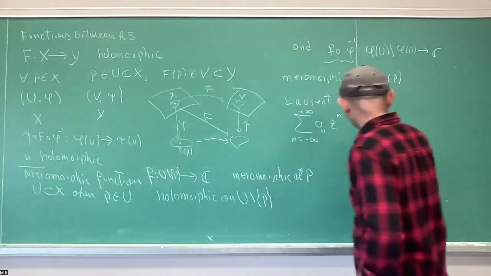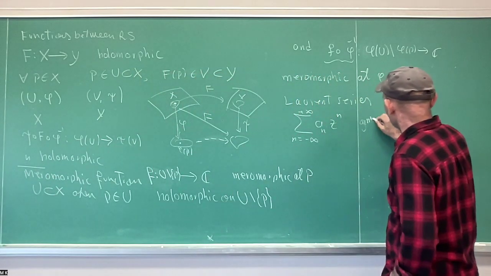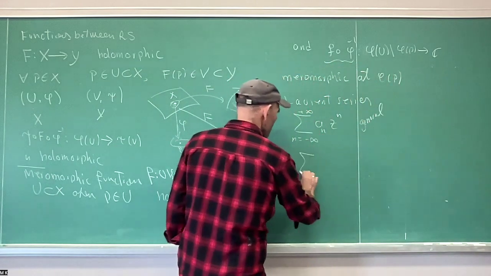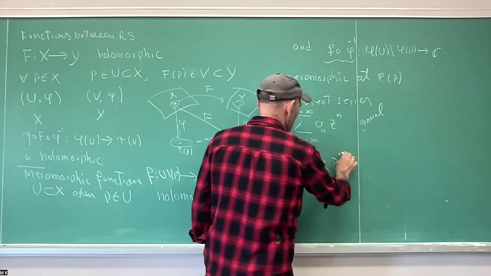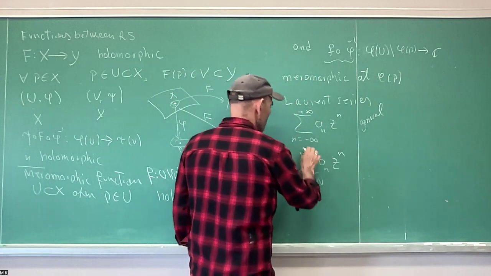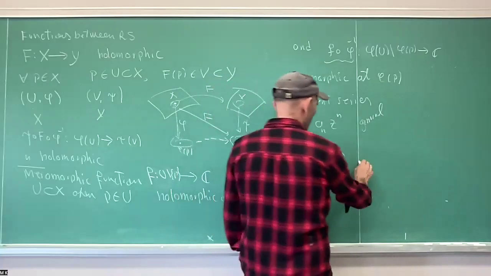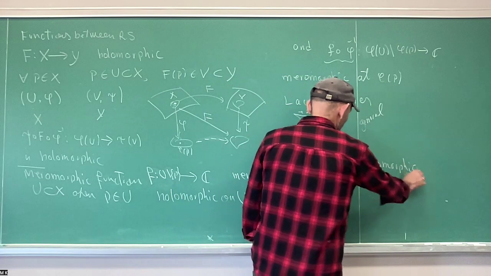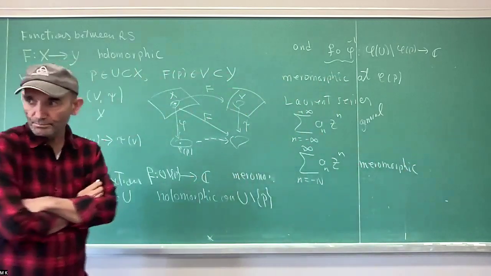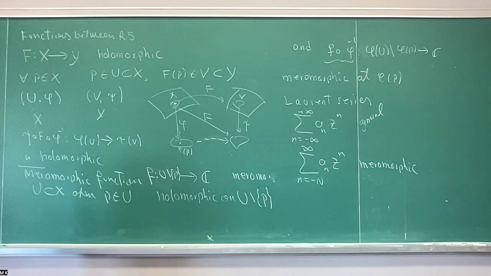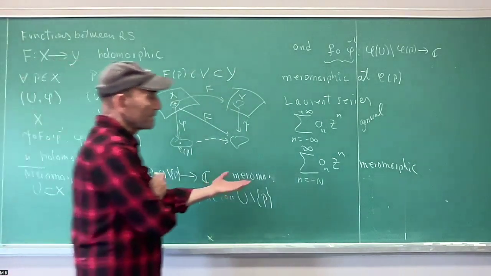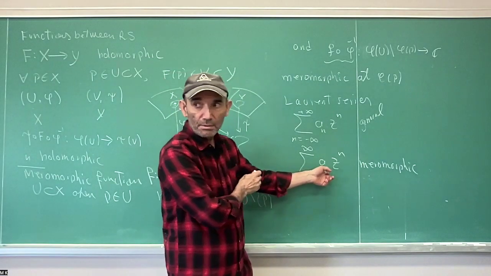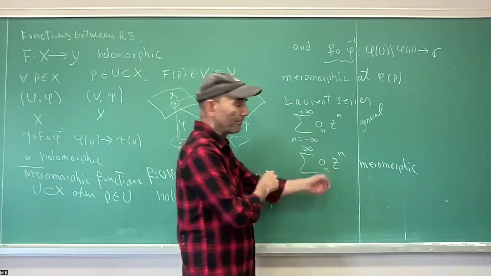So this is general. But meromorphic really means the following: the sum of a_n z^n, n from minus N to infinity. So this is called meromorphic. And the smallest n such that a_n is different from zero is called the order of the pole of the function.